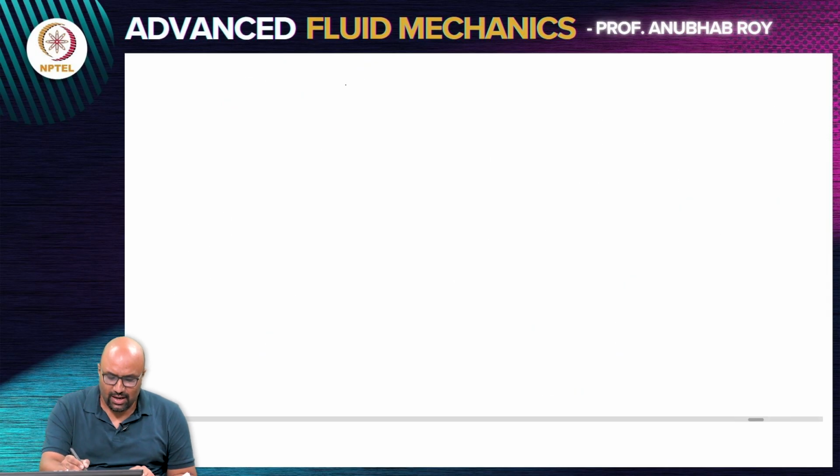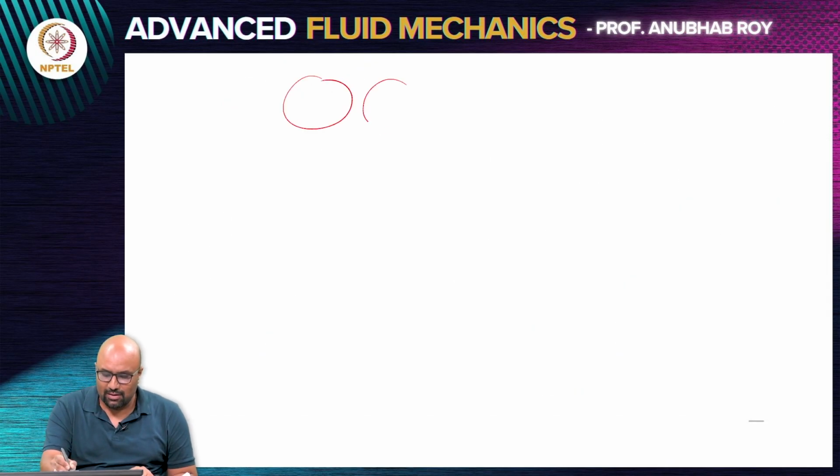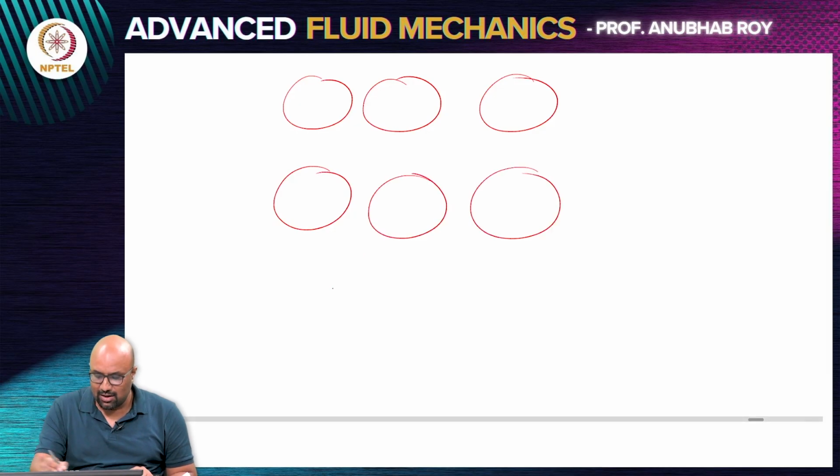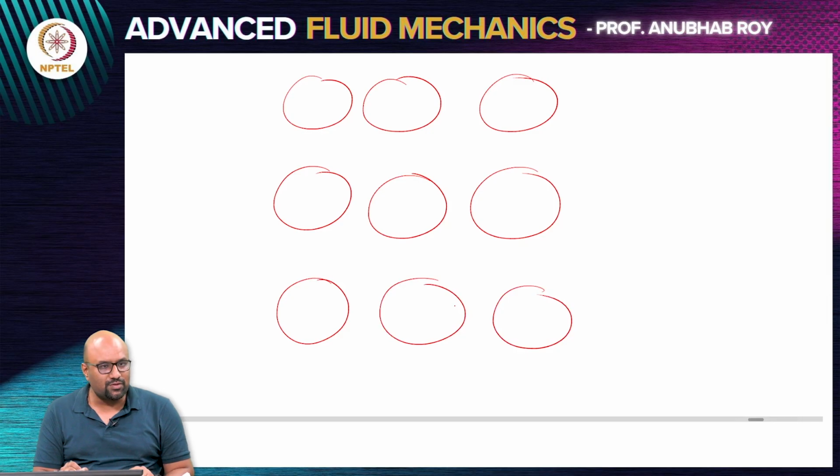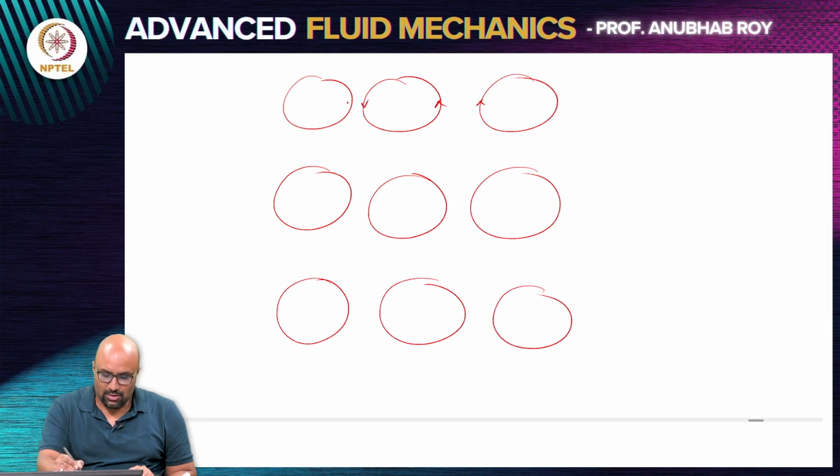So, in general, let us say you have a very complicated flow. I am drawing streamline structures which are like arrays of cells where the flow moves around in various kinds of cellular form. So, it goes up, comes down.